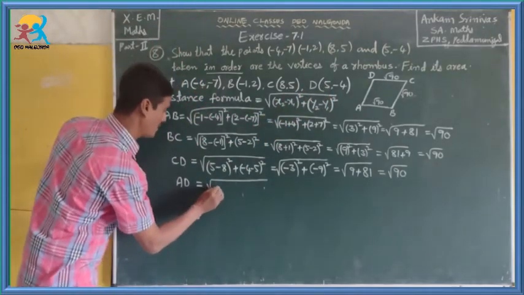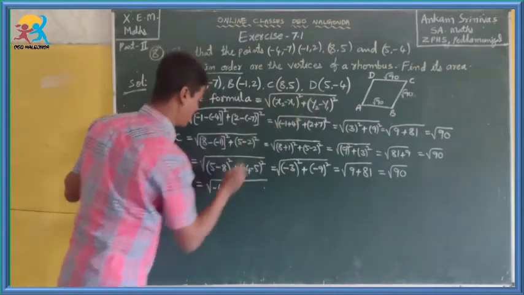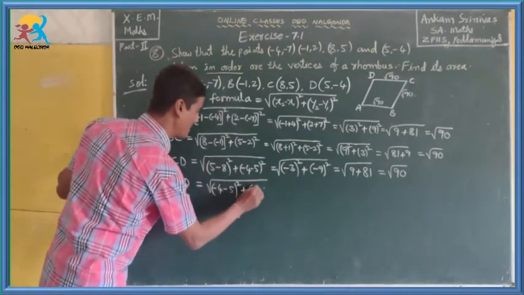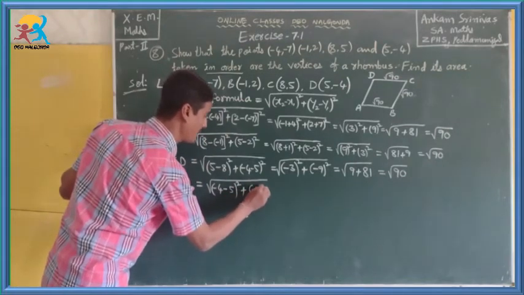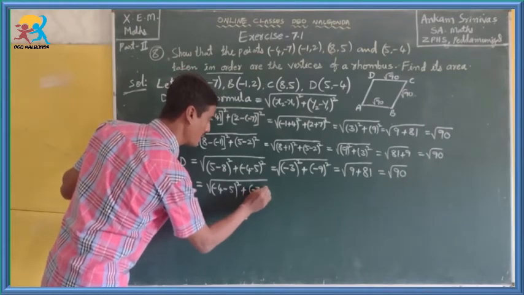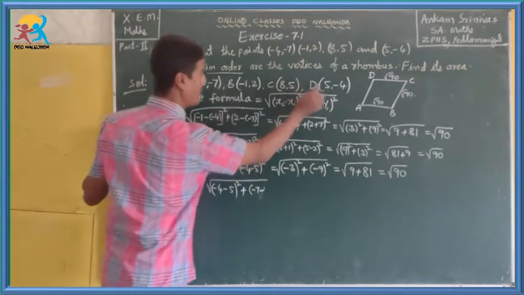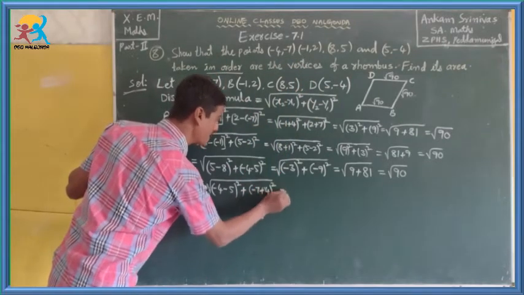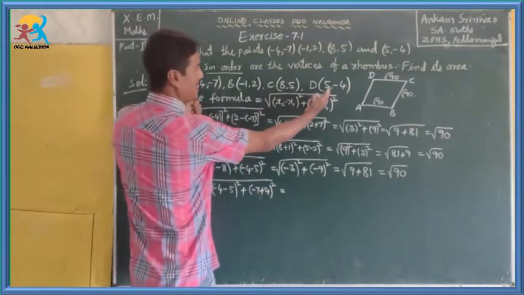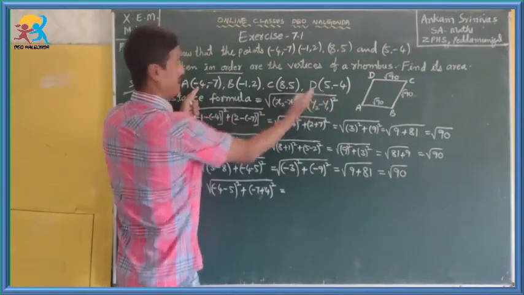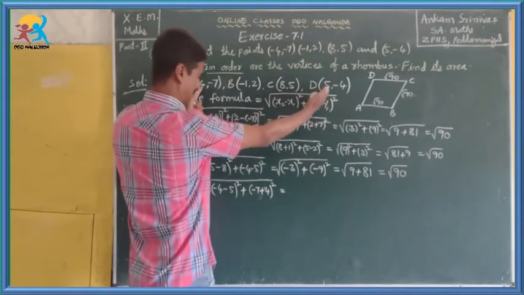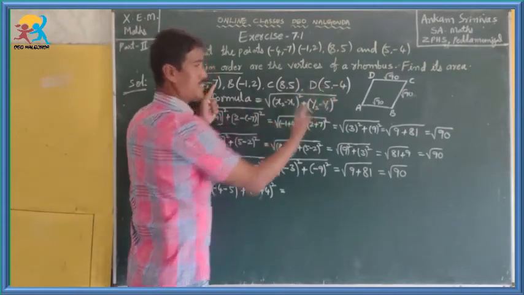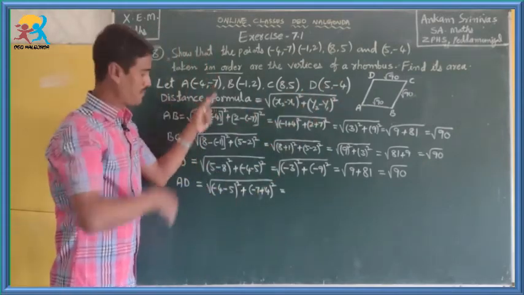You can write here minus 4 minus 5 whole square plus minus 7 minus of minus 4 whole square. Dear children, I separated the difference of first coordinates x here: minus 4 minus 5, and minus 7 minus of minus 4, minus of minus 4 becomes plus 4.